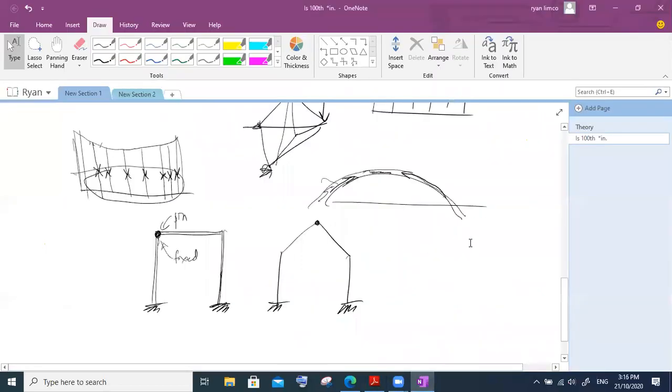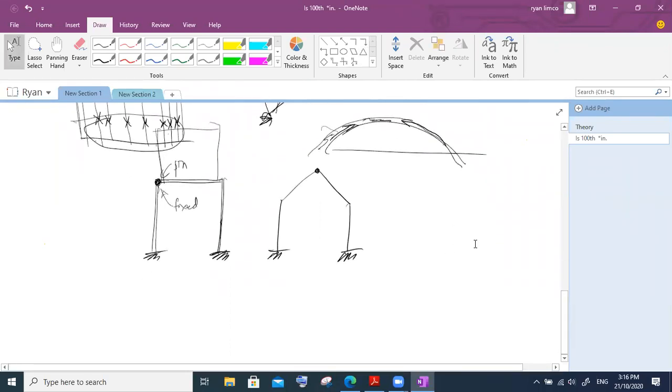Kung ito yung structure mo, halimbawa, i-drawing ako na hiwalay. Gawin ko na tong truss. Ito yung beam natin. May sarili siyang bigat. No? Sarili niyang bigat, and this would be referred to as the dead load.